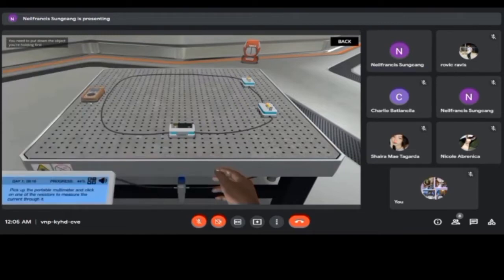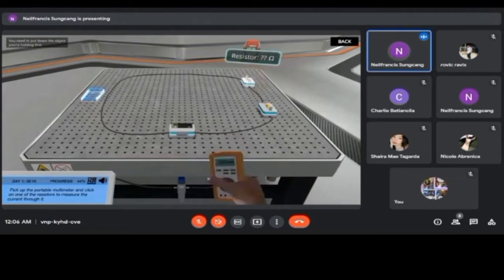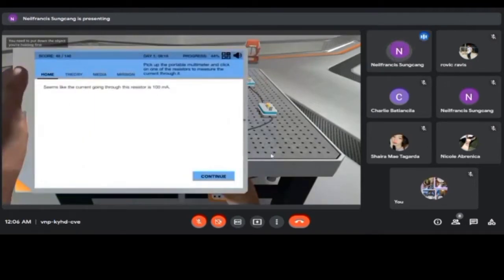Pick up the portable multimeter and click on one of the resistors to measure the current through it. Seems like the current going through this resistor is 100 milliamperes.